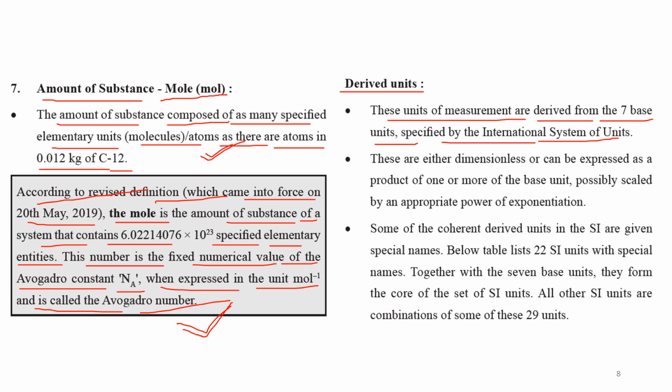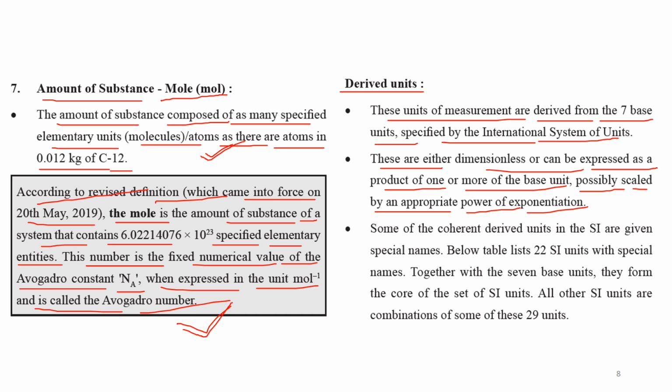Okay, these are either dimensionless or can be expressed as the product of one or more of the base units, possibly scaled by an appropriate power of ten. I mean exponent. You can say that like कई बार मीटर स्क्वायर होता है, kg per second होता है. ओके, तो उसी की बात कर रहा हूँ.